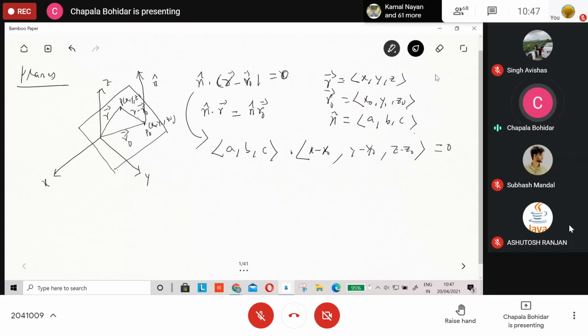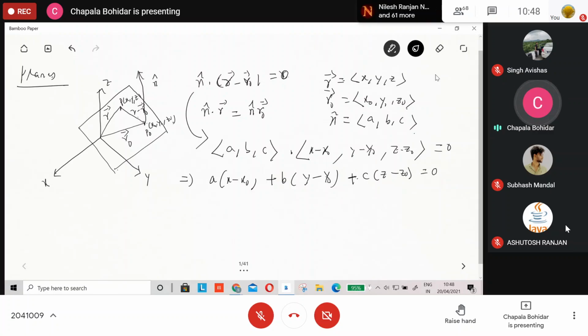Yes. That implies I can write a into x minus x0 plus b into y minus y0 plus c into z minus z0 is equal to 0.